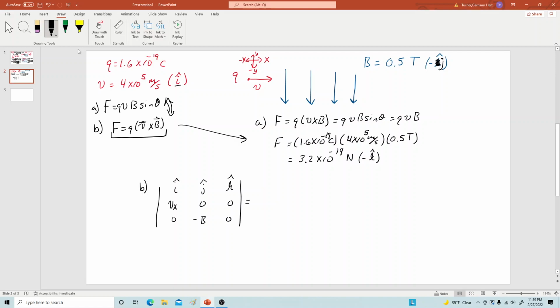So when I do the matrix, this is going to be 0 minus 0 times negative B in the I direction.